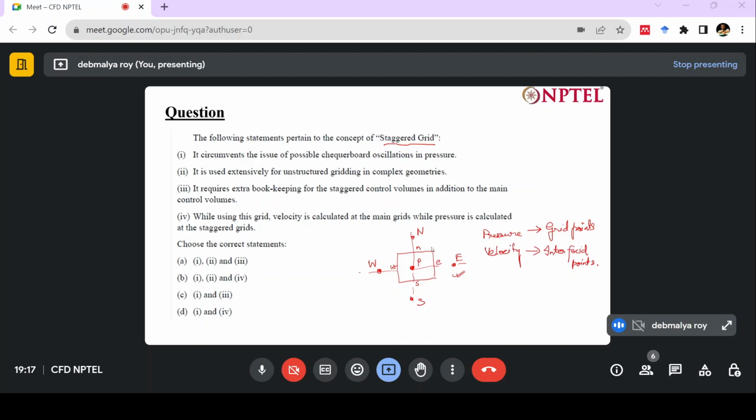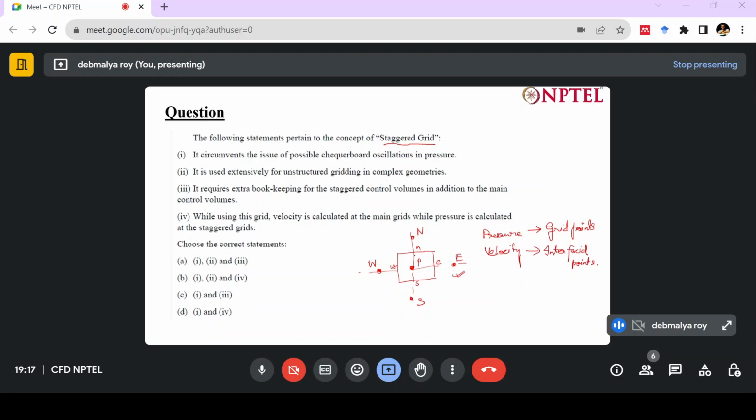It can be thought of as the value of the velocity having moved from the grid point to the edges of a control volume, or as if we are creating a separate control volume for velocity.